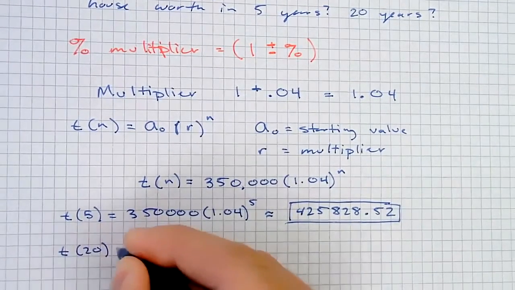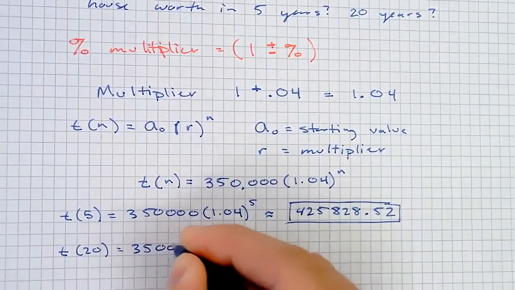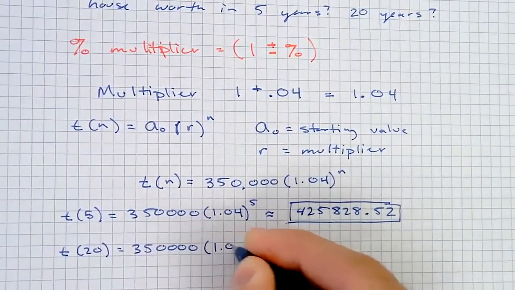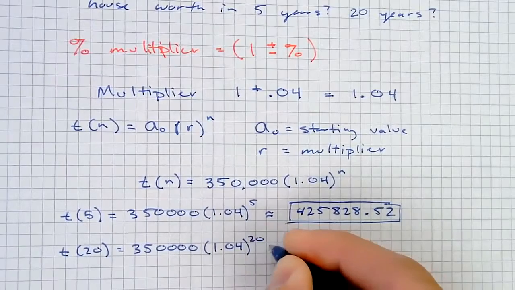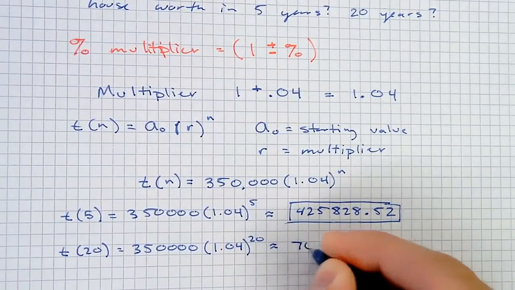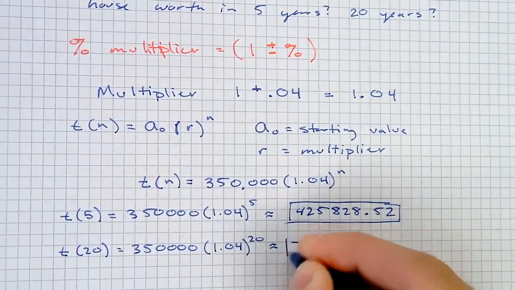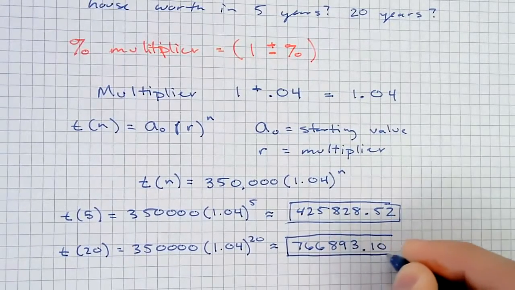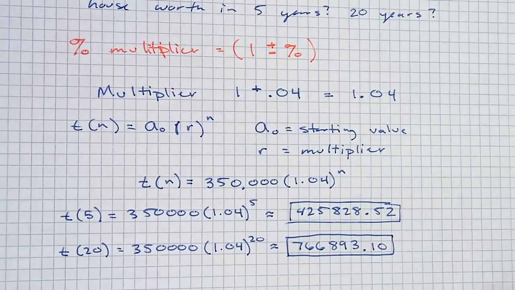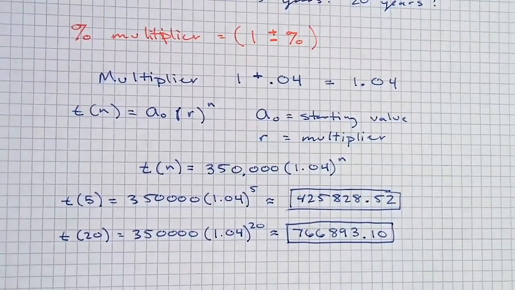In 20 years, same thing, we're plugging in 20 for n. So in 20 years, if it continues to increase by 4% every year, then the value is $766,893.10.